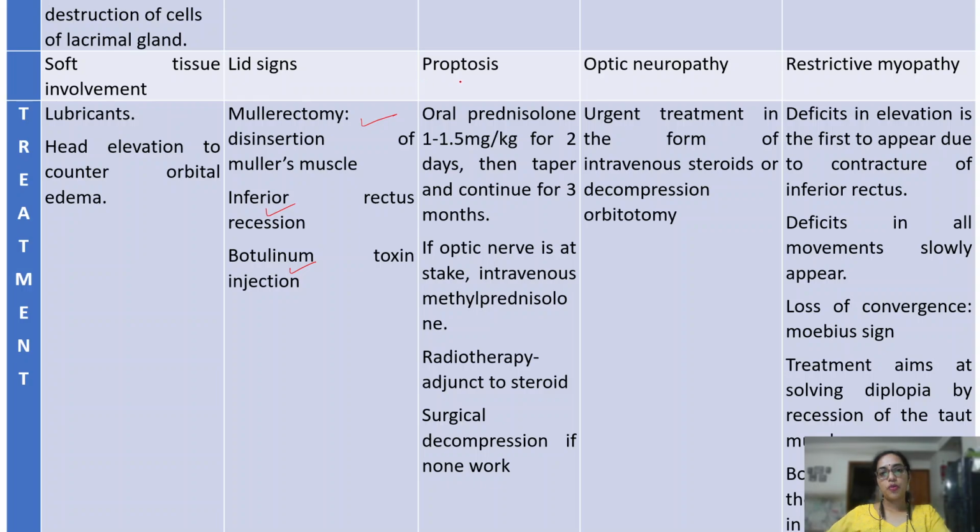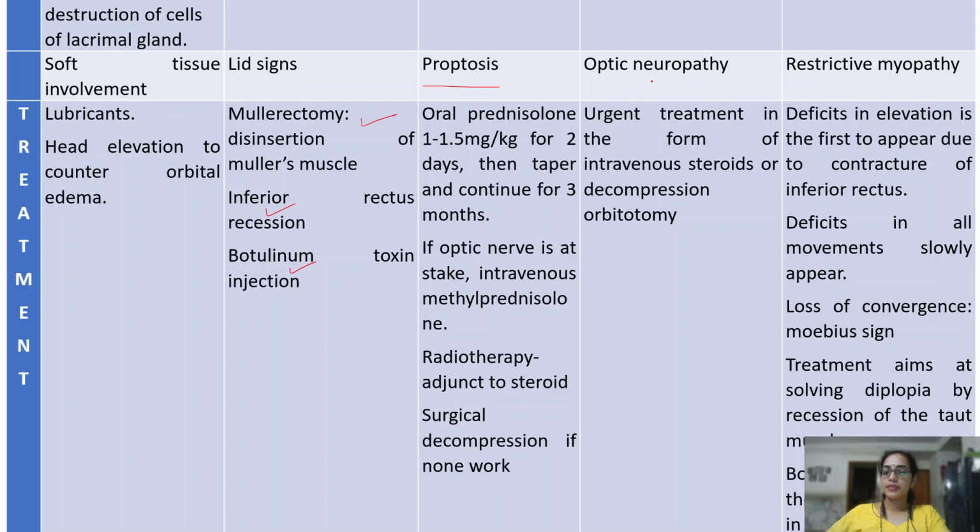Then for proptosis, you start the immunosuppression with the help of steroids or immunomodulatory therapy like cyclosporin or rituximab. Okay, and radiotherapy is indicated when you cannot give steroids. Okay, surgical decompression if none of these work.